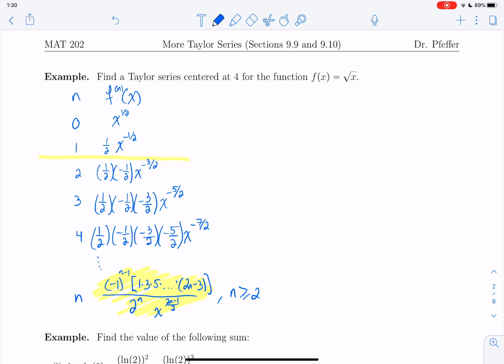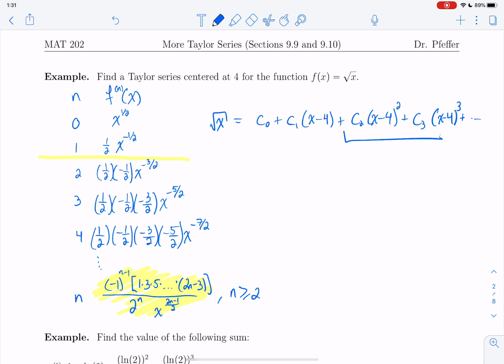Which means that if we go through and evaluate this at 4, and then put an n factorial in the denominator, the correct formulation for this should have been, well, the square root of x we know in general is always c0 plus c1 (x minus 4) plus c2 (x minus 4) squared plus c3 (x minus 4) cubed, etc. And from this point onward, we have a pattern, which means the first two terms have to be written separately.